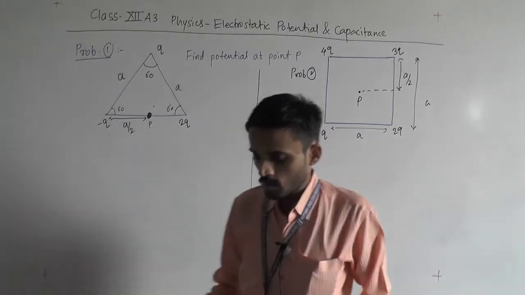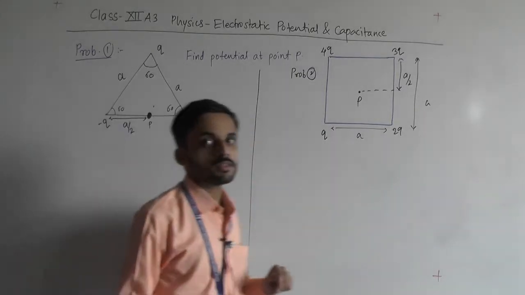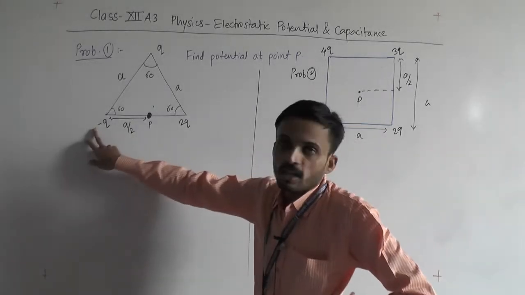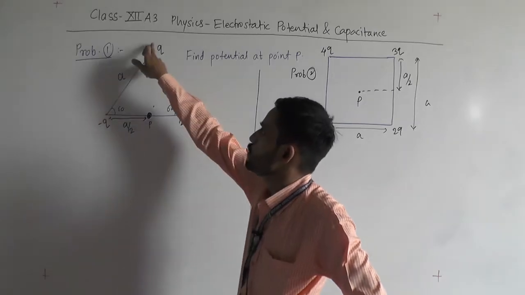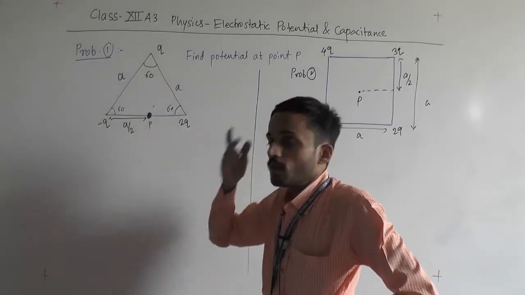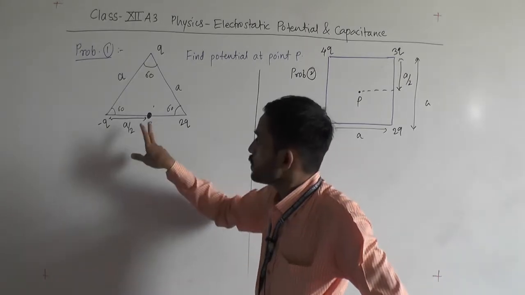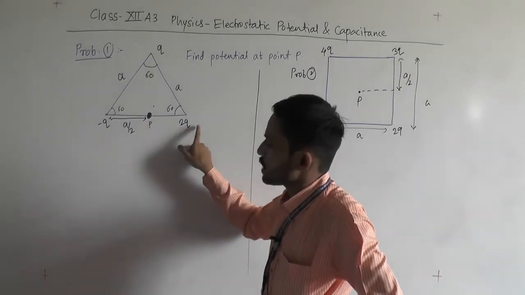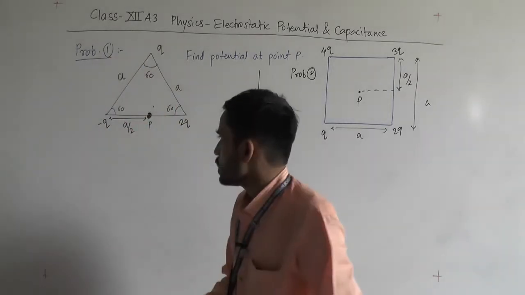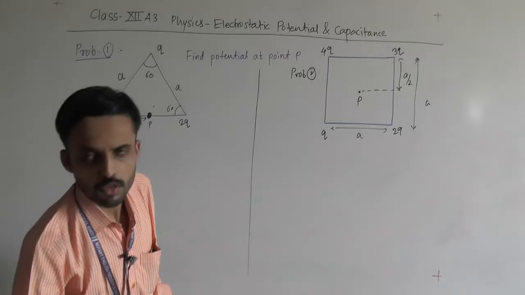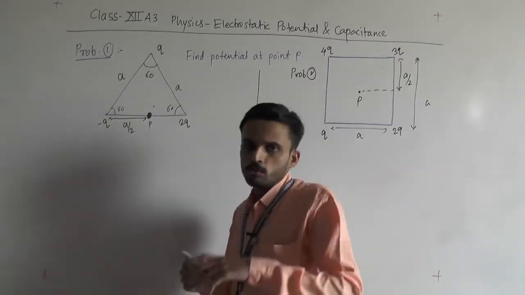Now point P has minus Q charge over here, plus 2Q charge over here and Q charge over here. So you have to calculate the potential due to minus Q, potential due to plus 2Q and potential due to Q. I am not going to solve this, I will just give you the hint and then you solve and show it to me.